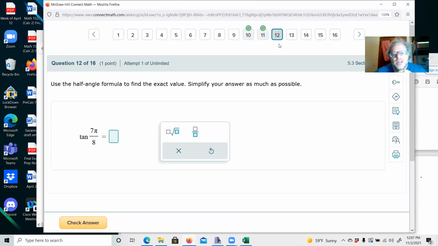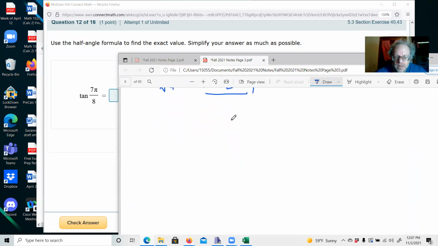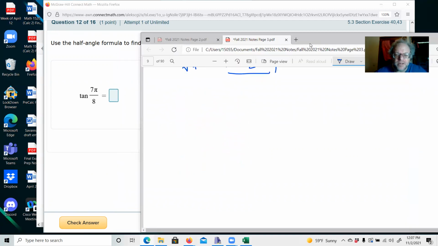All right, using the half angle formulas, find the exact value of this thing here. Okay, now let's have a look see. All I can tell you at this point is I'm not particularly happy about anything that's going on here.